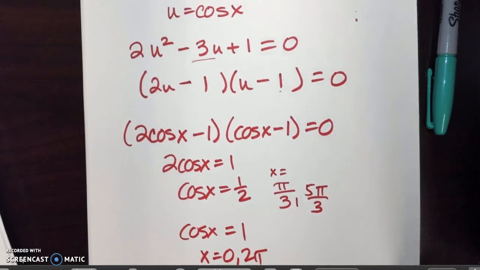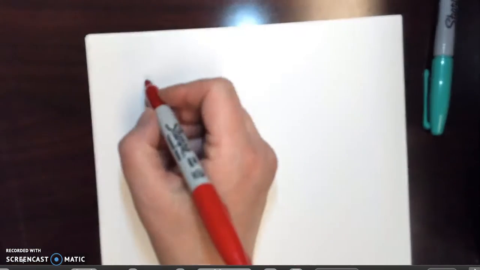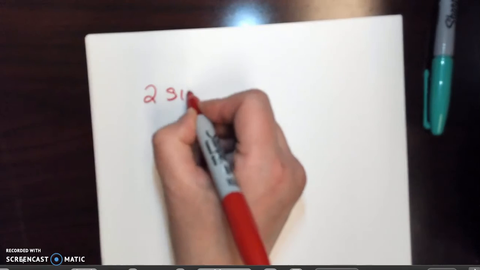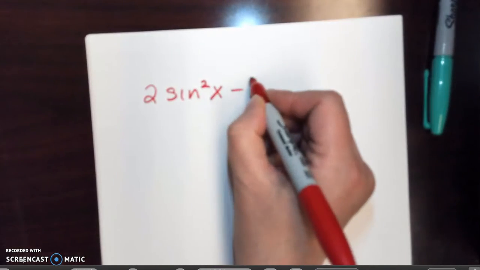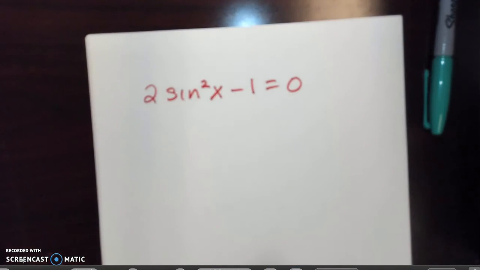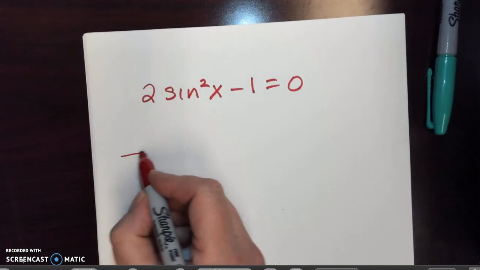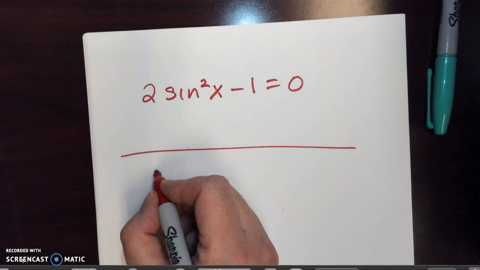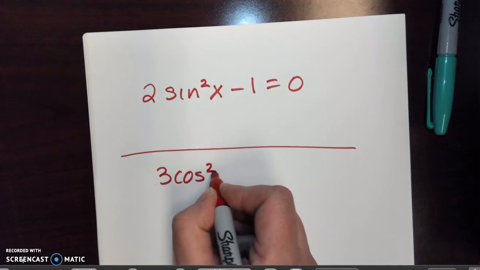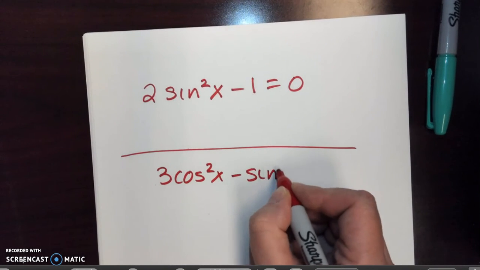Okay, now the problems I want you to do for homework. Let's see, let's have you do 2 sine squared x minus 1 equals 0. And this one. But I'm going to give you some hints with this one.